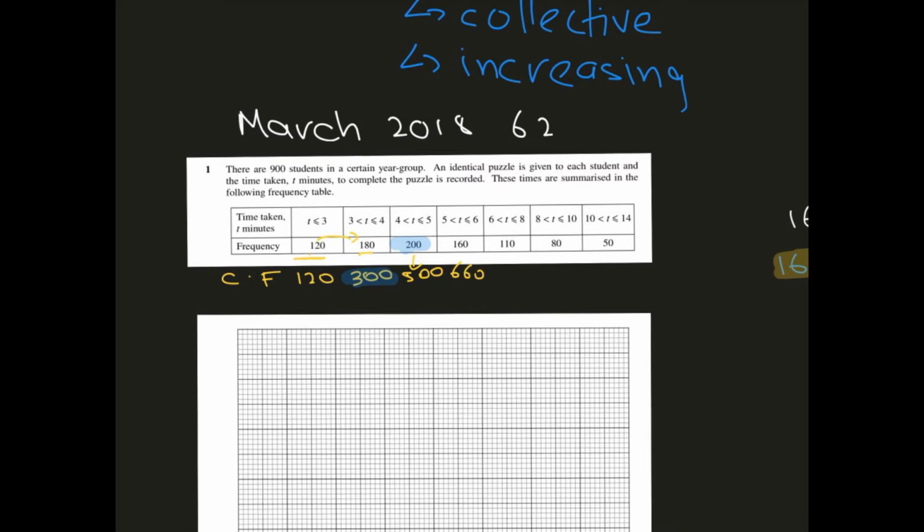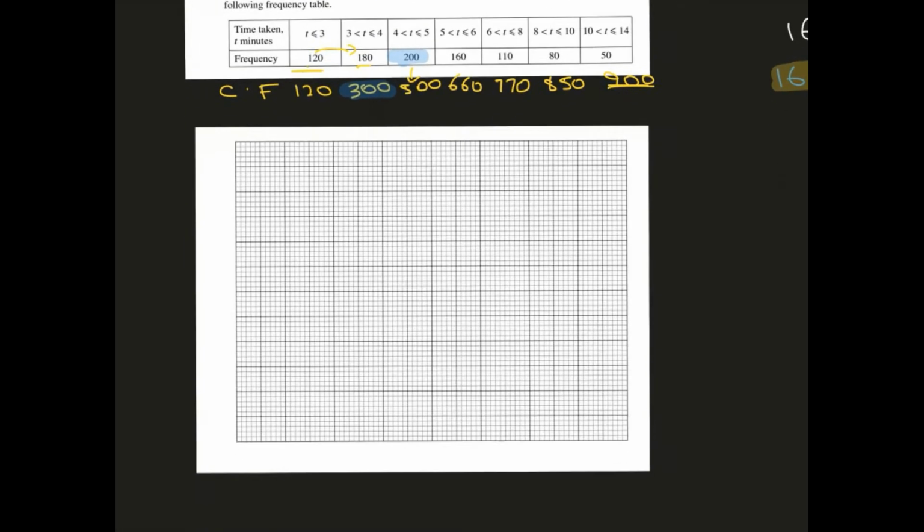And then 660 plus 110 is 770, and then 770 plus 80 is 850, and then 850 plus 50 is 900. And 900 is our total number of students. So our cumulative frequency must always add up to the total number of students, or the total number of any particular thing given in the question.